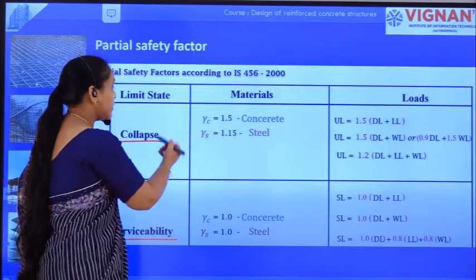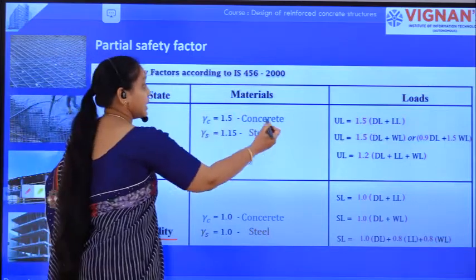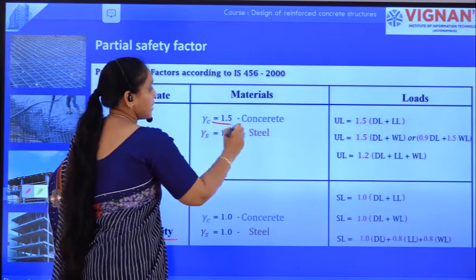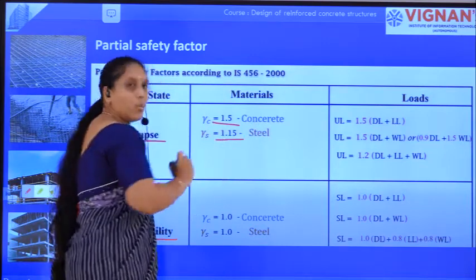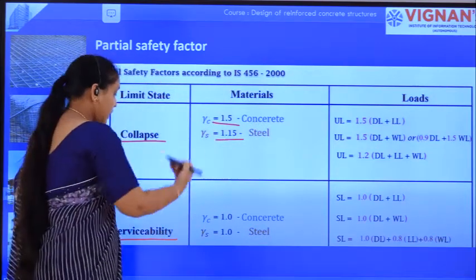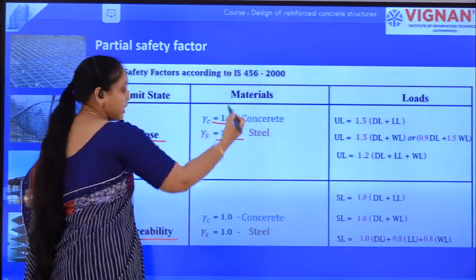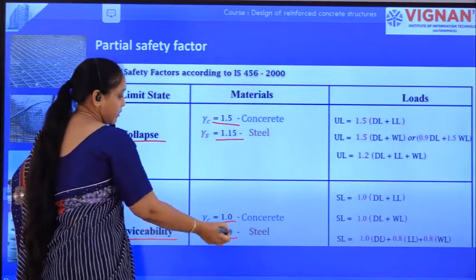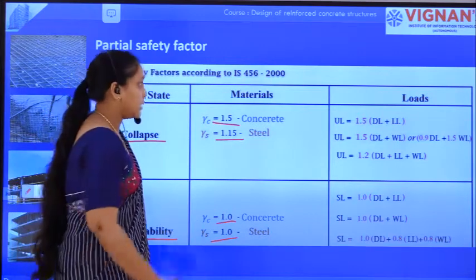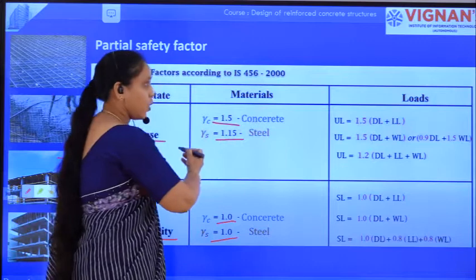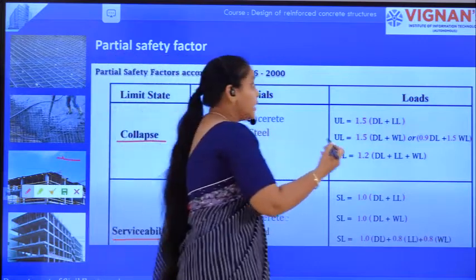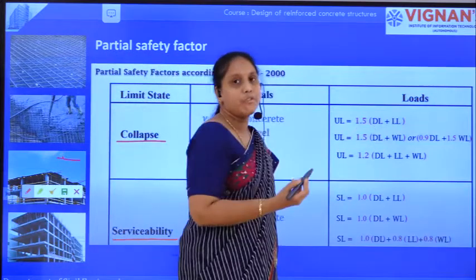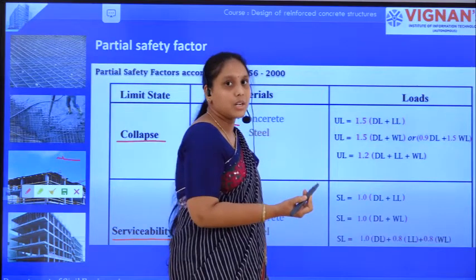Here, in the limit state of collapse, for the materials, that is concrete and steel, the partial safety factors are taken as 1.5 and 1.15. For the limit state of serviceability, for concrete and steel, the partial safety factors are taken as 1 for concrete and 1 for steel. And in the limit state of collapse for the loads, the partial safety factors are also taken for the combinations of loads.